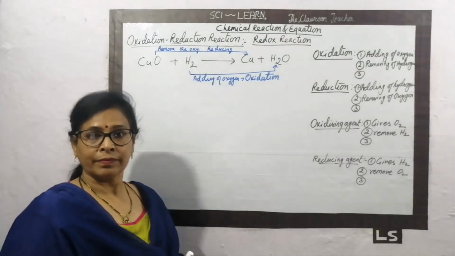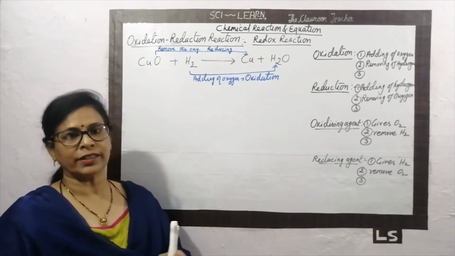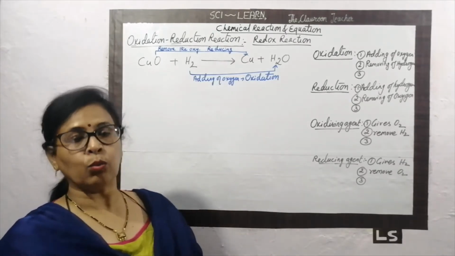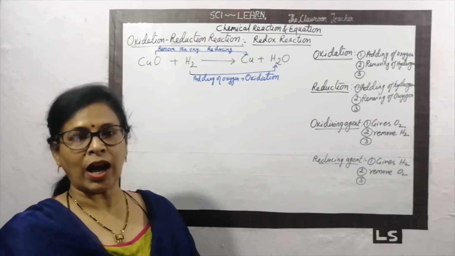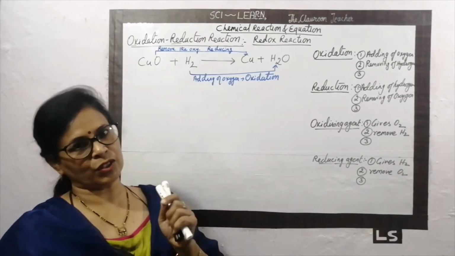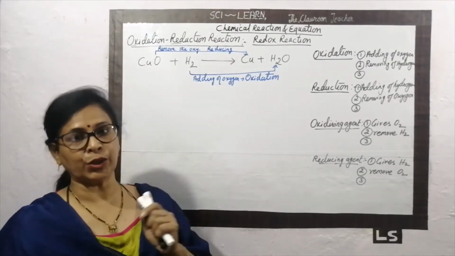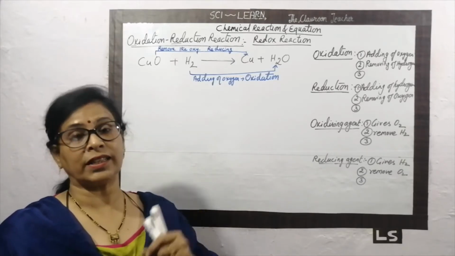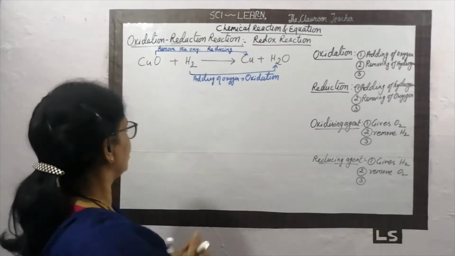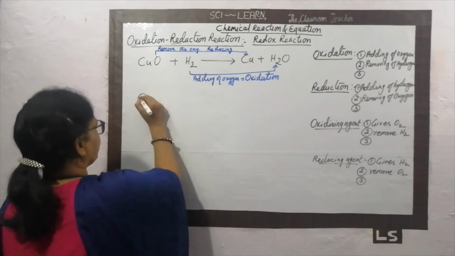Simple. This is the redox reaction, or oxidation and reduction reaction. So what you have to do in the exam? You have to pick out the substance which is oxidized, the substance which is reduced, who is the oxidizing agent and who is the reducing agent. You have to pick out four things.